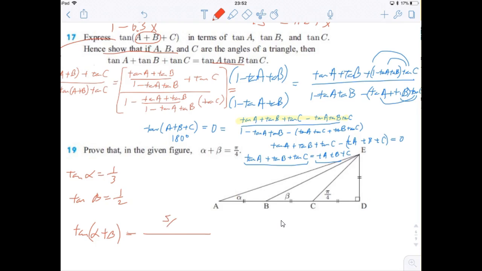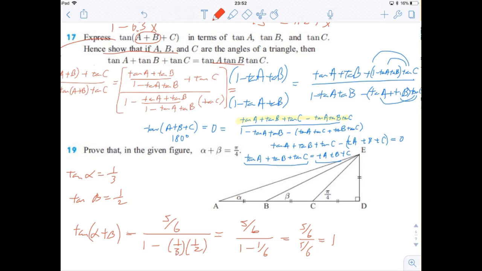That would be equal to 5/6 because it's 3/6 plus 2/6. And divided by 1 minus the two tangents multiplied together, which is that, right? So that would be equal to 5/6 on top, and on the bottom it would be 1 minus 1/6. And that would be 5/6 over 5/6, which would be equal to 1.